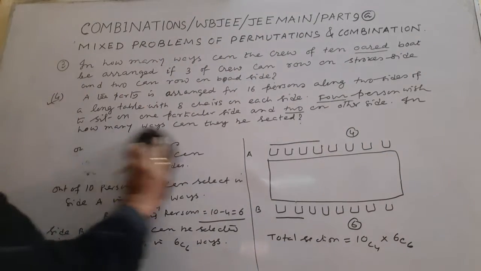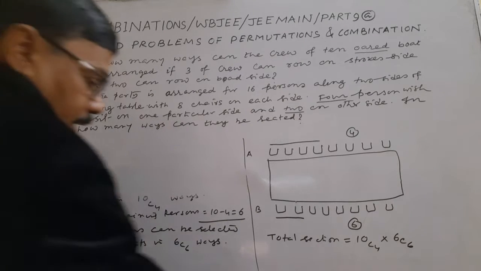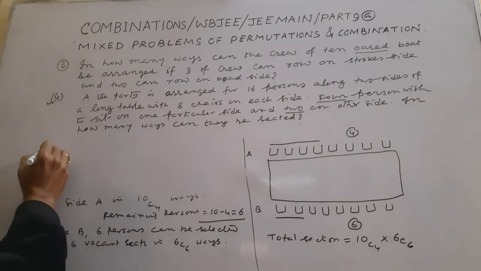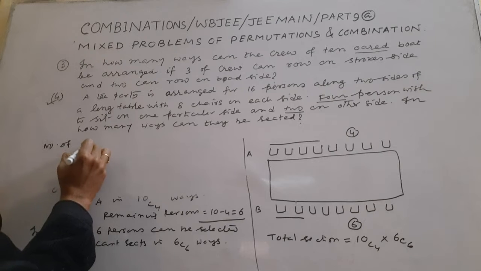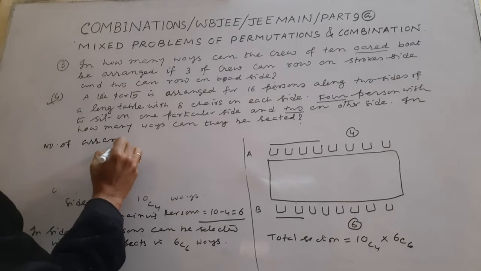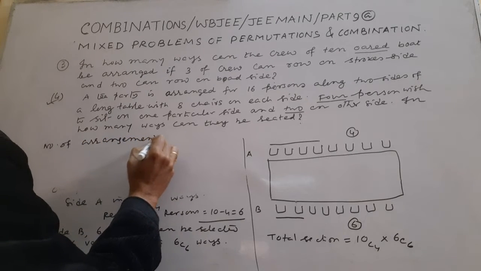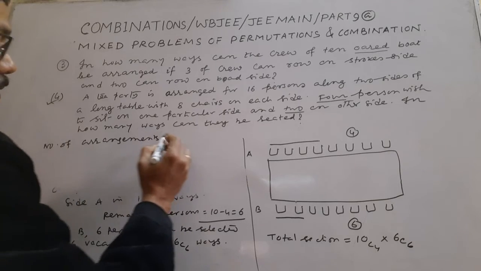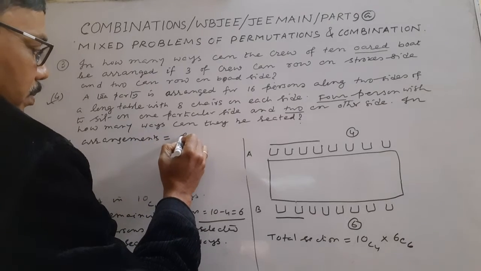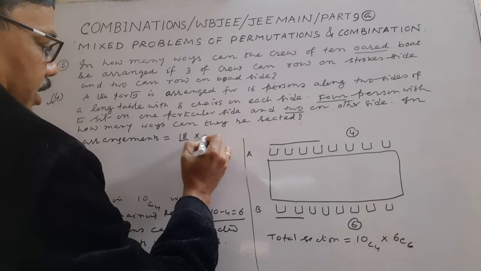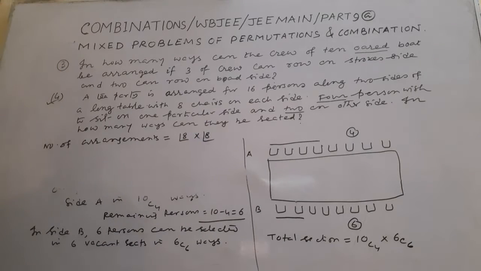So number of arrangements equals factorial 8 into factorial 8.